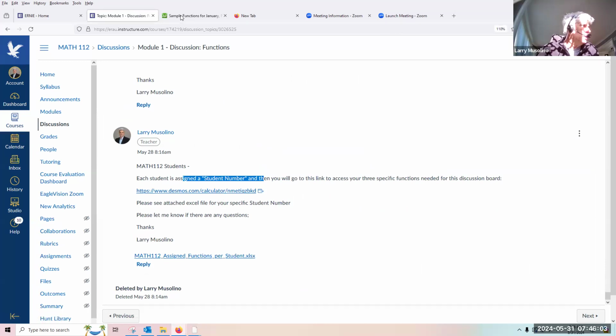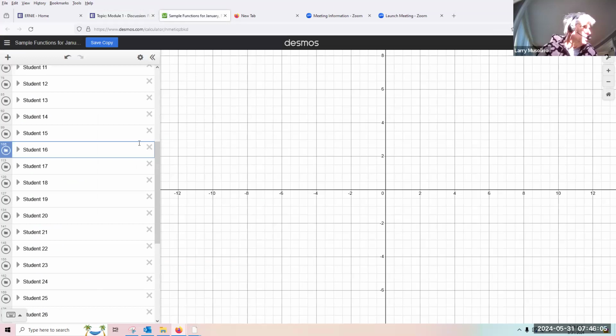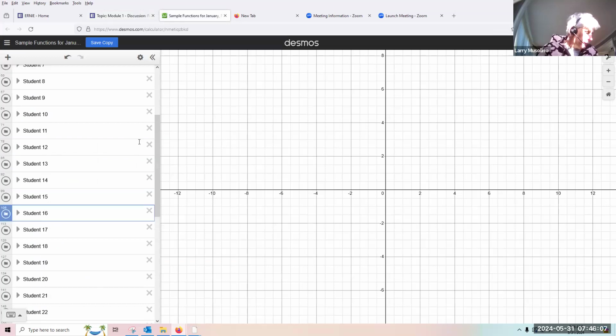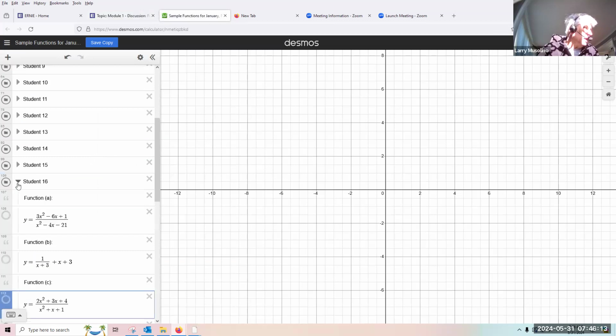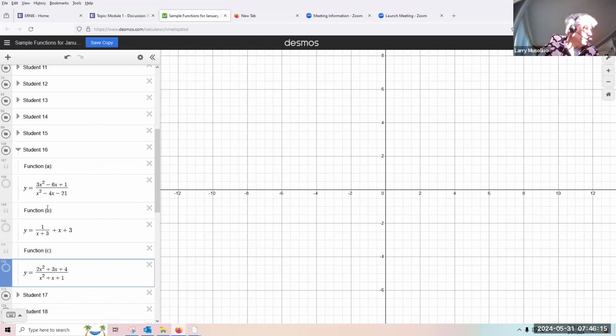This is what you'll come to when you click on that link for Desmos. I'm going to pick an example at random. Let me come to student 16, and I'm noticing there's three functions, A, B, and C. So let me start with function A. I want to make this graph visible on this XY coordinate plane.